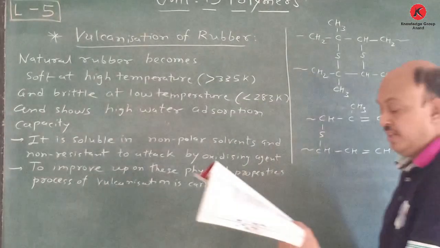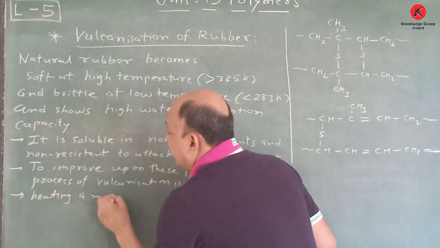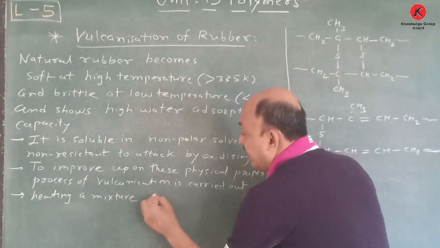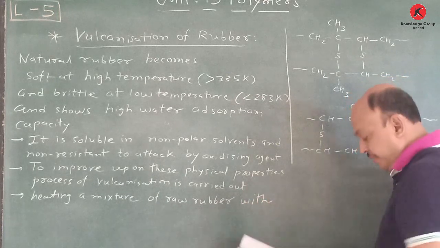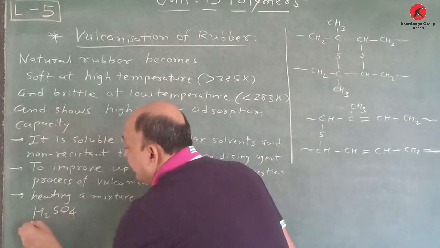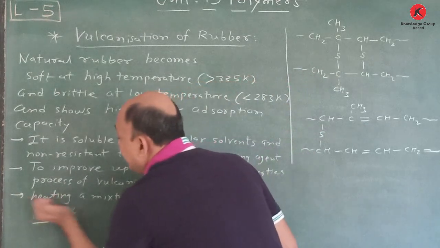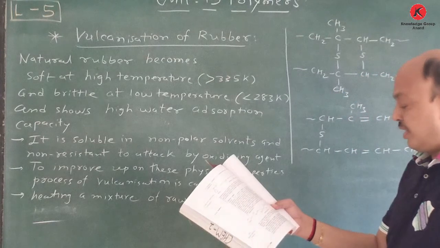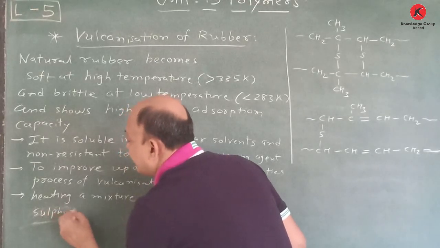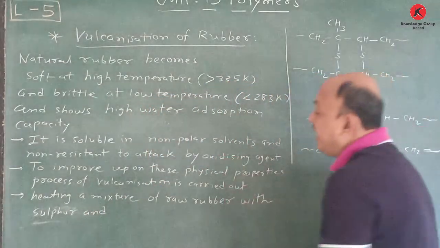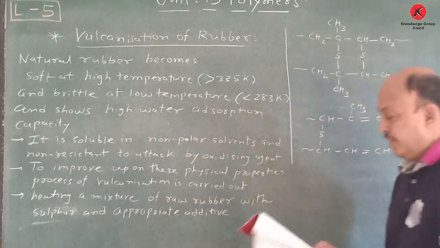Now what is in this process? The vulcanization process is very simple. Remember, this process consists of heating a mixture of raw rubber with sulfur and appropriate additives, not H2SO4, sulfur.